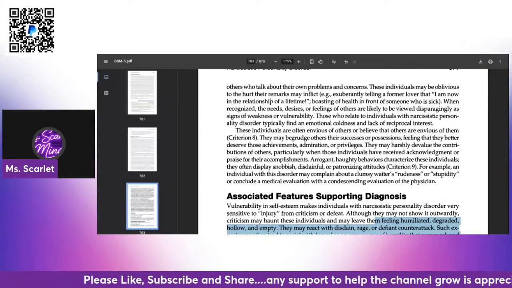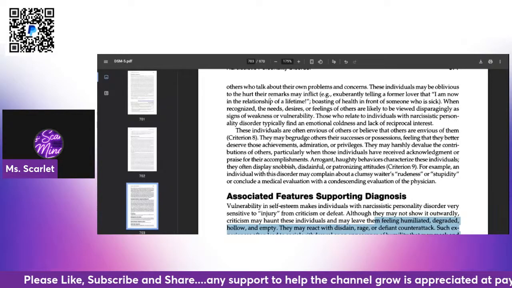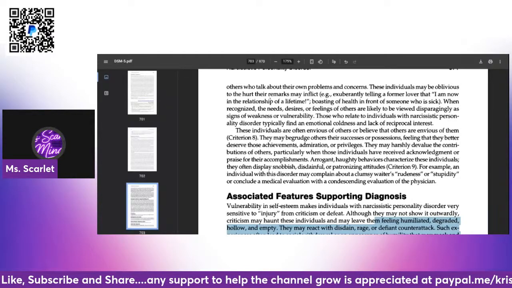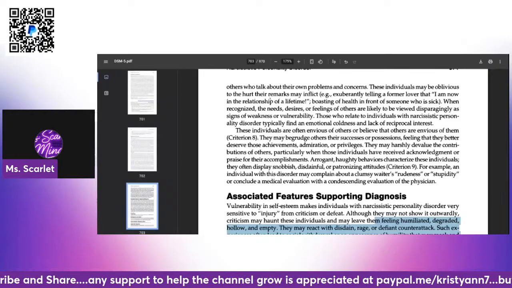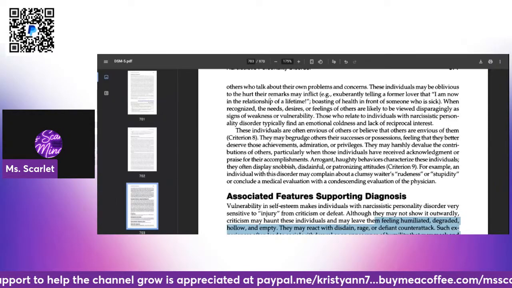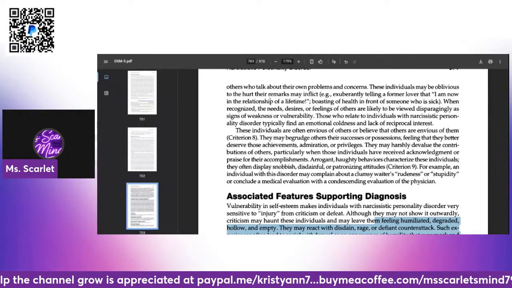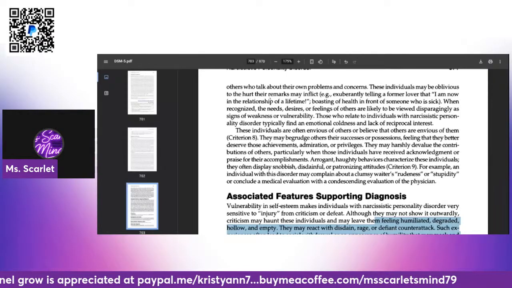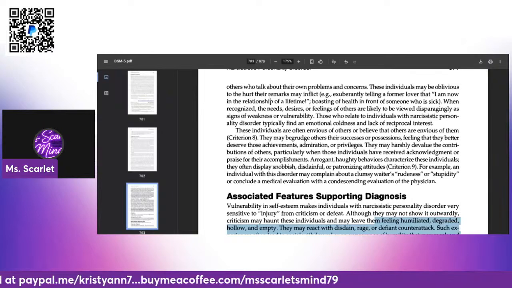Arrogant, haughty behaviors characterize these individuals. They often display snobbish, disdainful, or patronizing attitudes. For example, an individual with this disorder may complain about a clumsy waiter's rudeness or stupidity, or conclude a medical evaluation with a condescending evaluation of the physician.